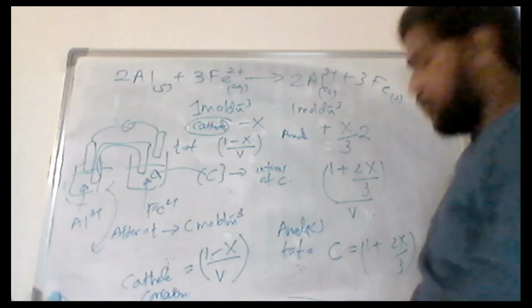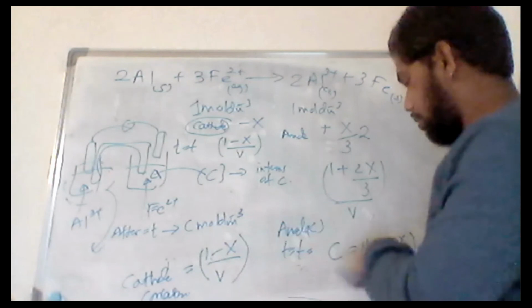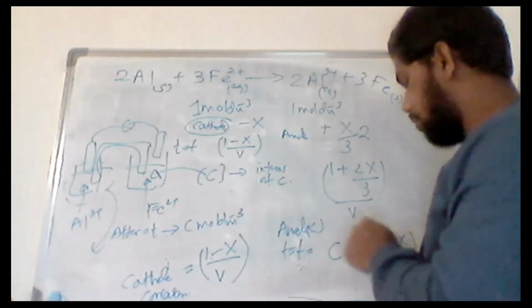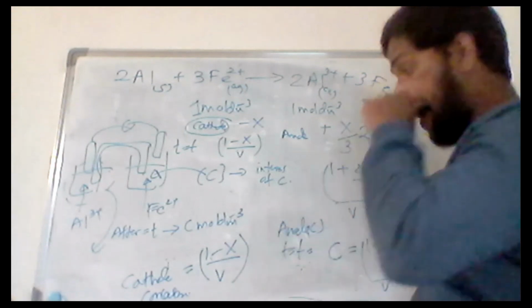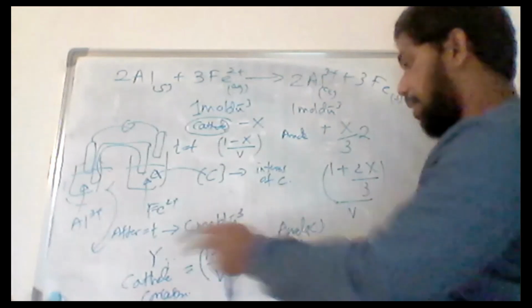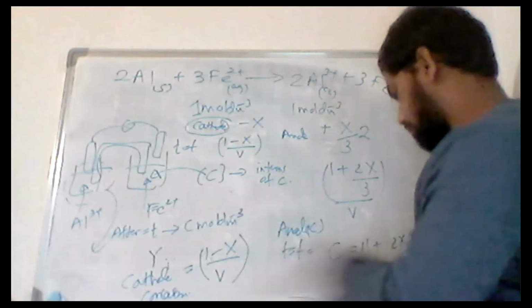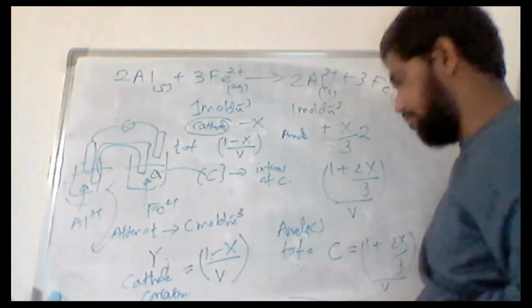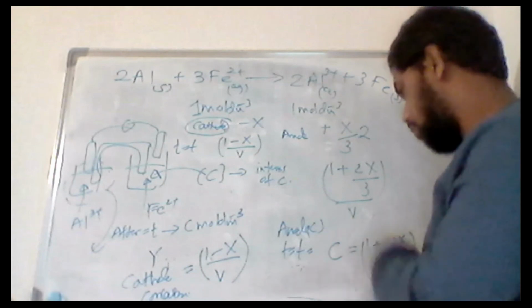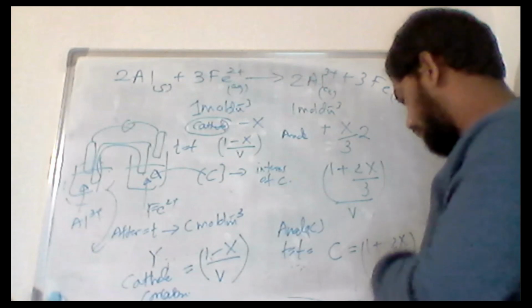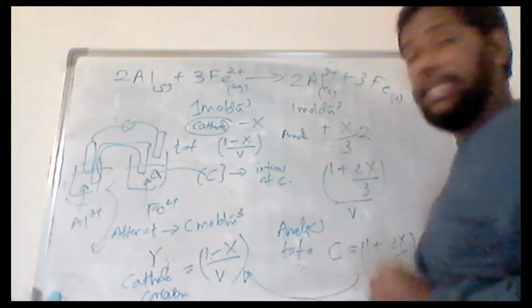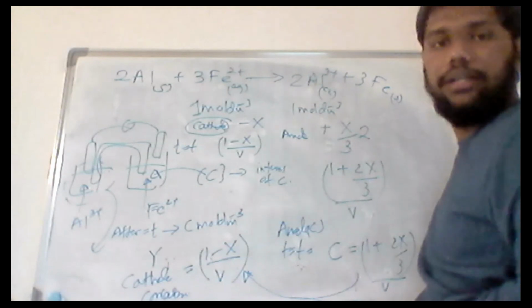Okay, so you know this one. You can solve 1 plus 2X over 3 over V. You can solve this one, or you can just take this concentration as Y, and you divide C by Y, so you can have a relationship between X and V. Either you solve this and find a relationship connecting X and V, and you plug this here in terms of C to get the product.